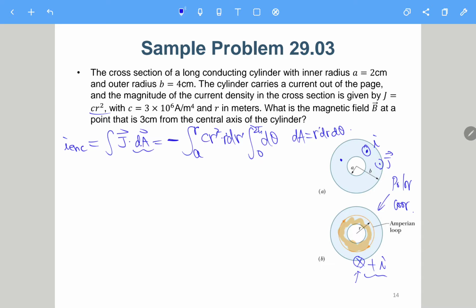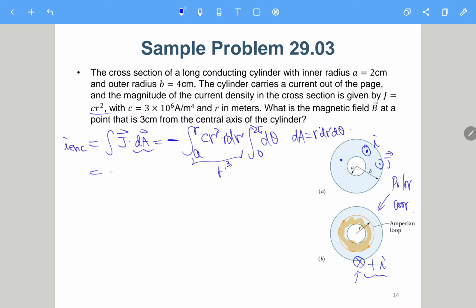Okay, like this. This r is 3 centimeters, this a is 2 centimeters. We don't integrate from 0 because this is a hollow wire and we don't have any current inside. So we can quickly finish this one. This is altogether r prime cubed, so the integration will be r to the 4th power over 4.